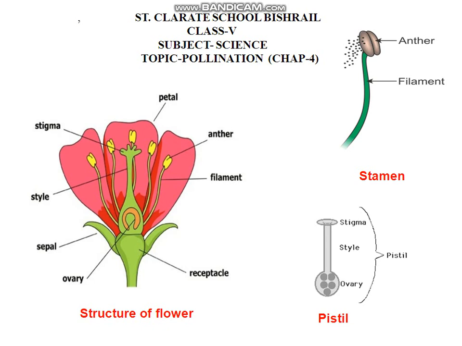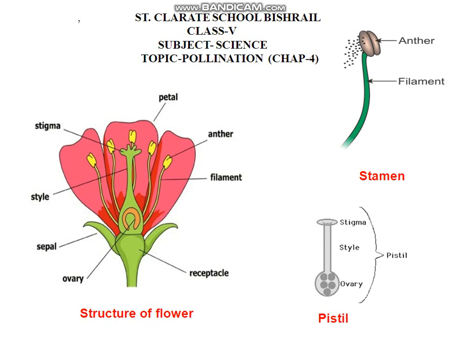That means a stamen has 2 parts, anther and filament. And stigma, style, ovary, these are the parts of carpel or pistil. So a flower has 4 parts: sepal, petal, stamen and carpel.